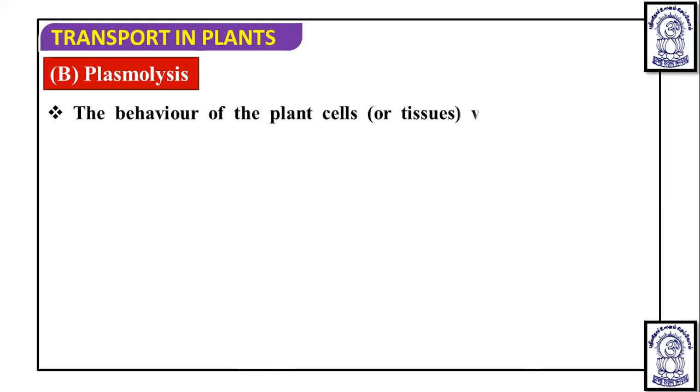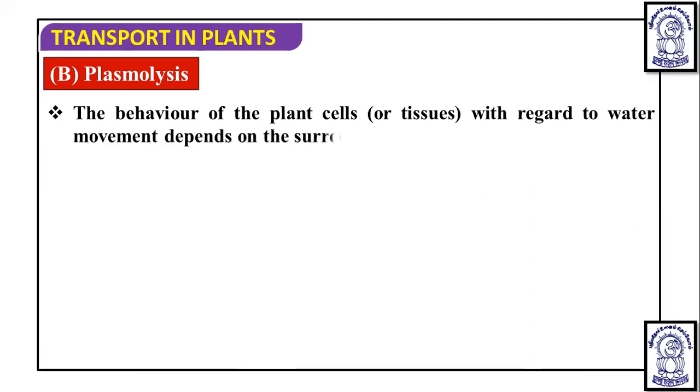Now, after osmosis, next we are going to discuss one more important mechanism, that is plasmolysis. Here we are going to talk about the behavior of a plant cell or tissue with regard to water movement depending on the surrounding solution, that is the behavior of a plant cell in a hypertonic solution.